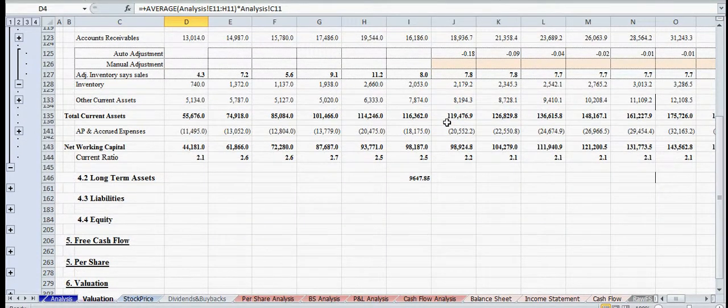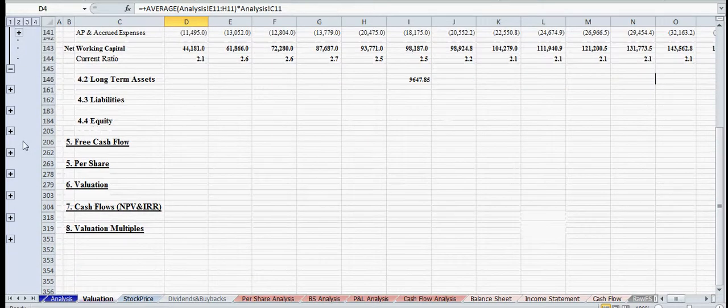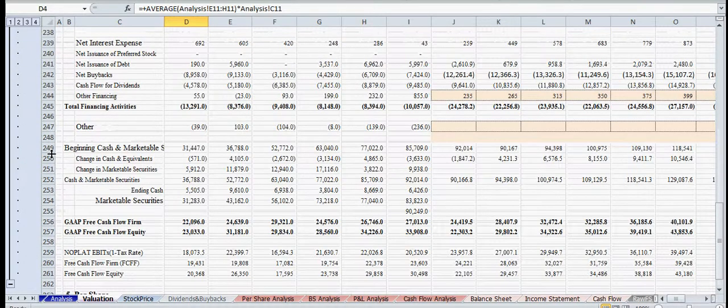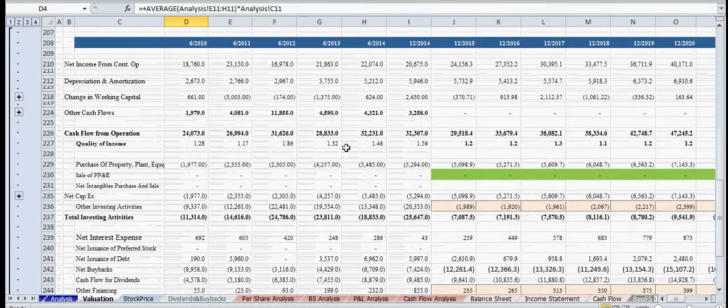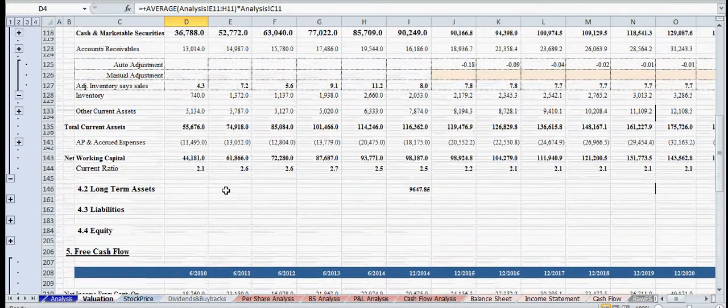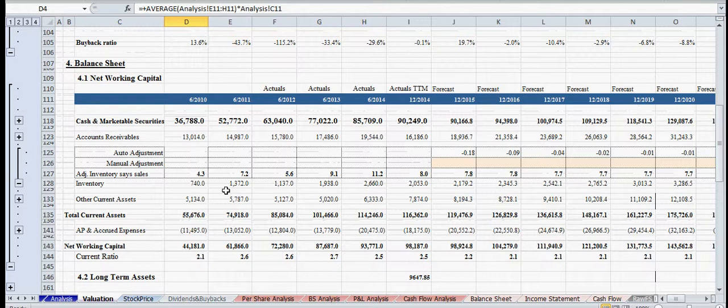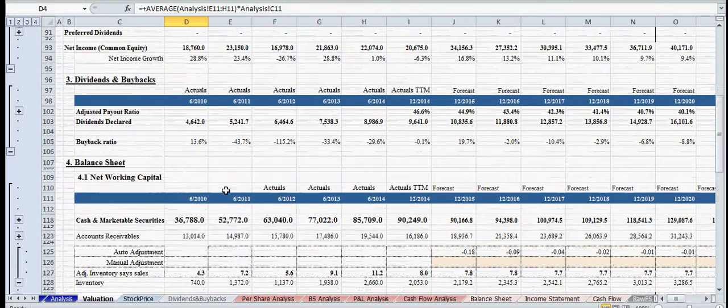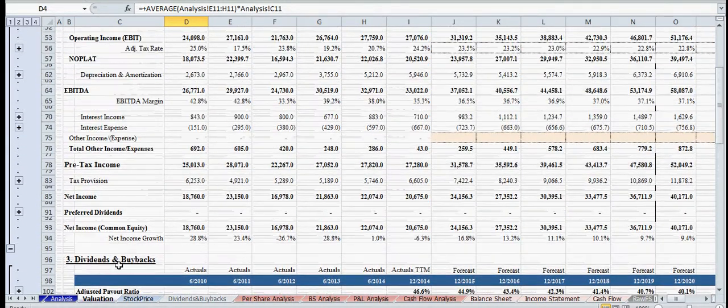So perhaps the company issues guidance for next year's revenue, and this model isn't taking that guidance into account. You could go in and manually override some of that revenue information, whether it be in the free cash flow, the income statement or the balance sheet. You could manually override that information to make sure that you're comfortable with the valuation to determine if that's a buy, sell, or hold decision.